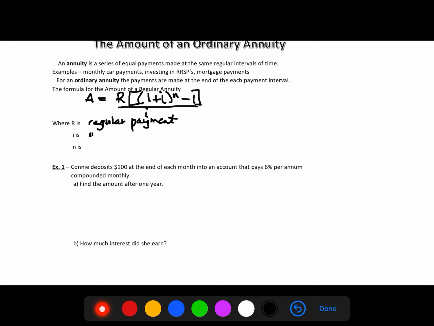And remember that R is the regular payment. So what are we putting into that account? I is our interest rate per period, just like we did for a single payment.